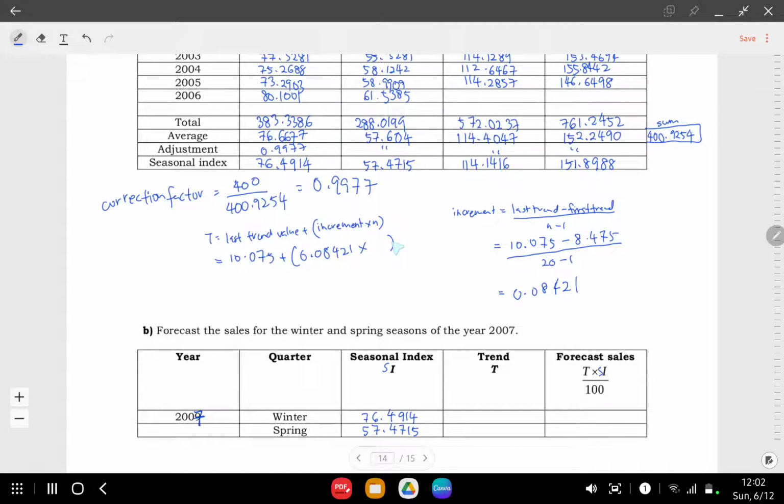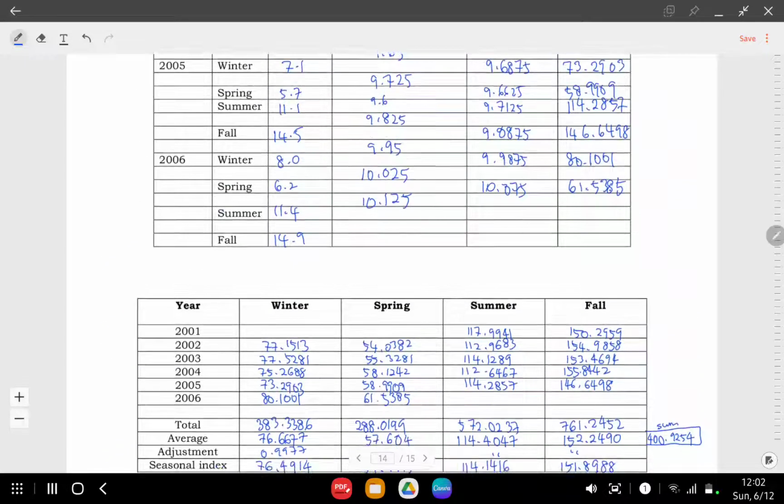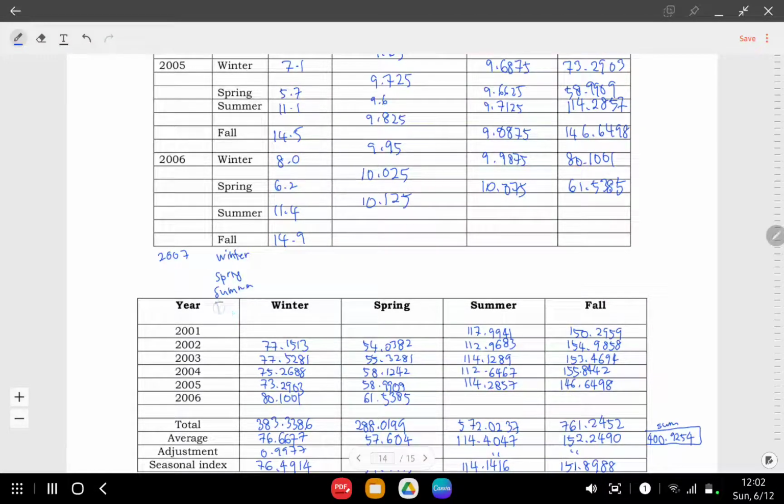What is our n? Winter 2007 is located here: winter, spring, summer, fall.